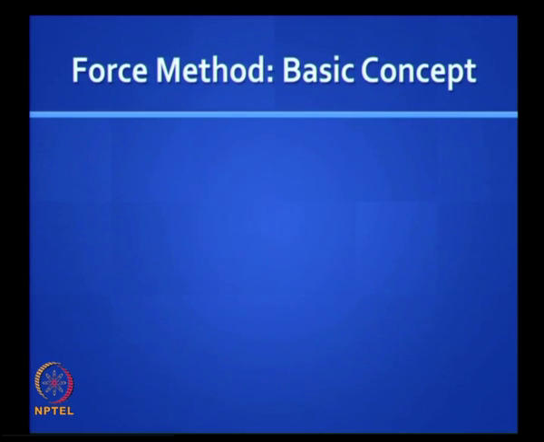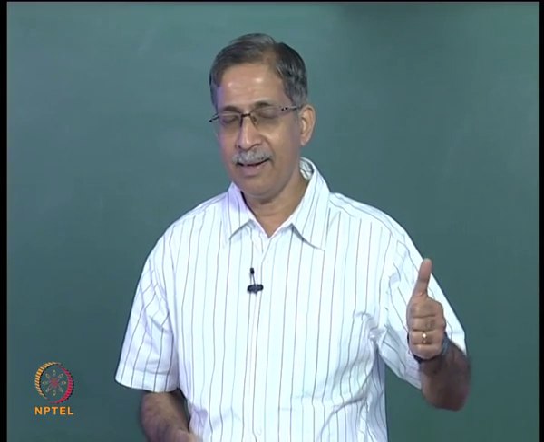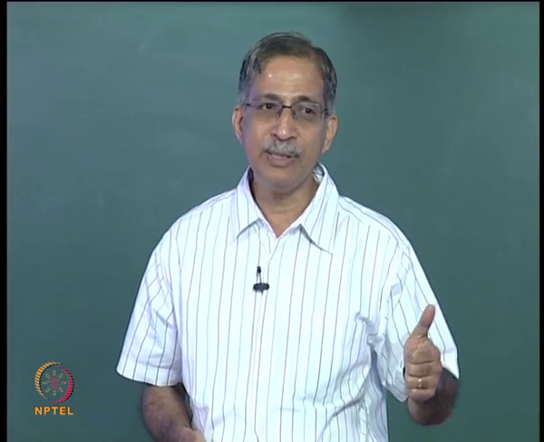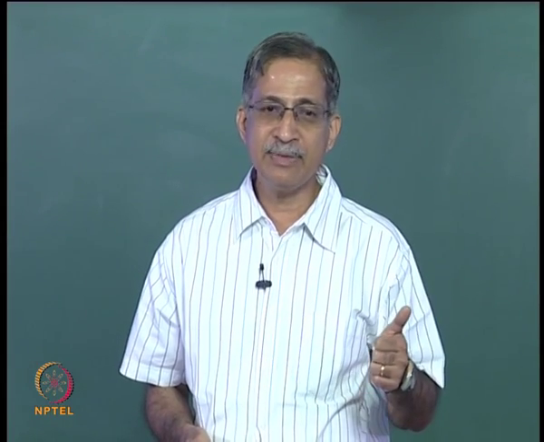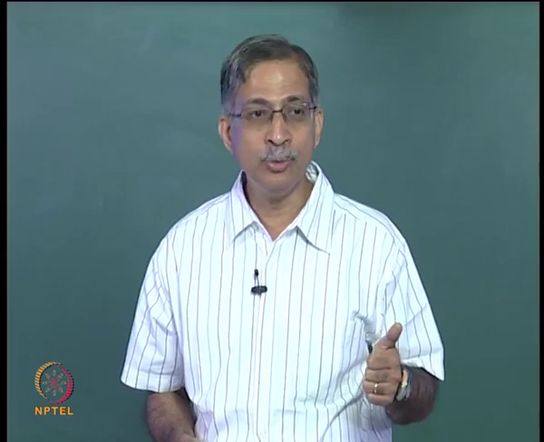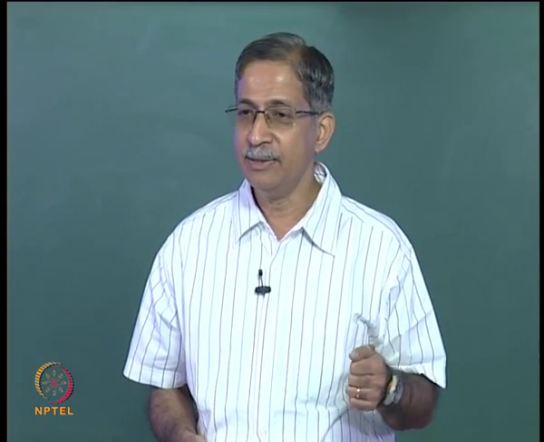Now let us summarize the basic concept underlying force method. What is the first thing you need to do in the force method? Identify the redundants, which also depends on the degree of static indeterminacy. So find the degree of static indeterminacy and choose, and you have choice here, choose your redundants.